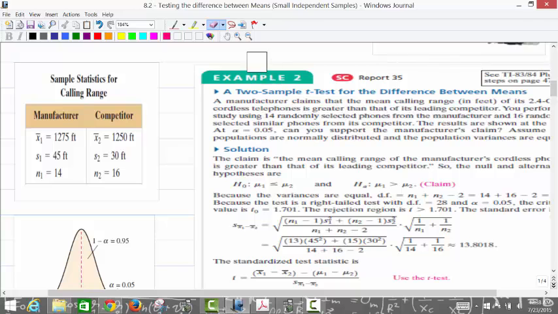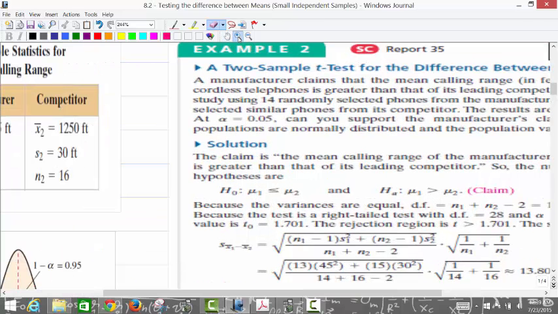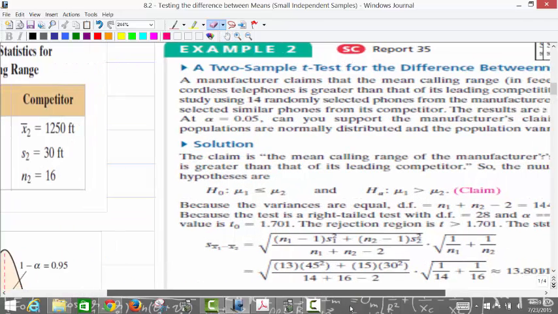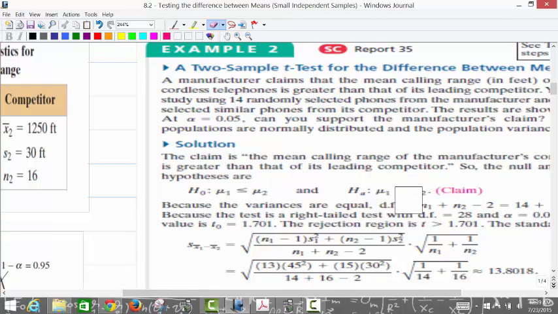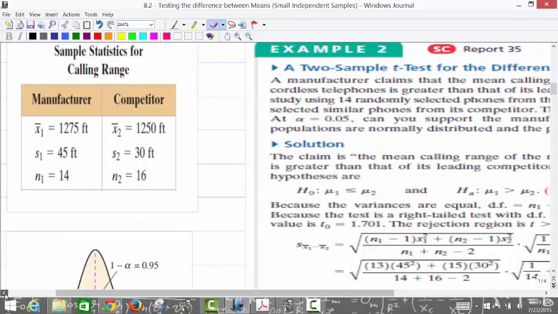So here you see the hypothesis statement pairs here. They're claiming that they are greater than their competitors. So mu1 greater than mu2. Therefore, that makes the null, of course, mu1 less than or equal to mu2. So let's look at the data over here in the box.